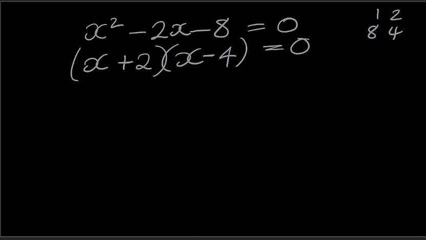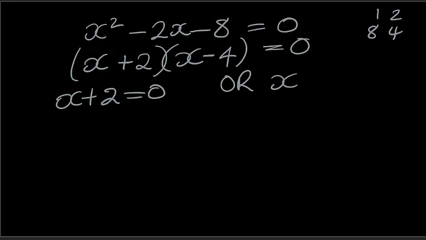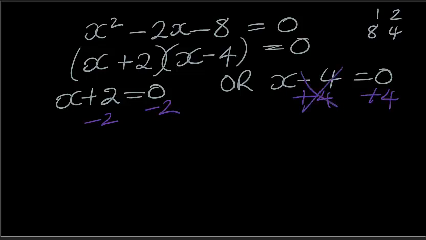Okay. Now I can write the statements that says x plus 2 equals 0, or x minus 4 equals 0. Now I am going to say minus 2 on the left, and on the right I'm saying plus 4 because I want to get rid of these and I want x alone.